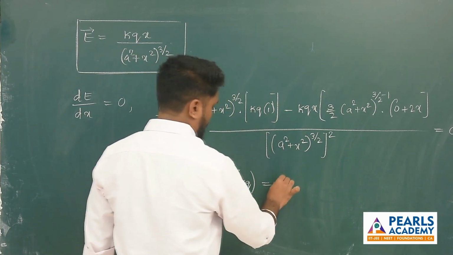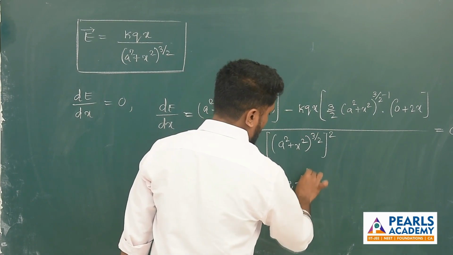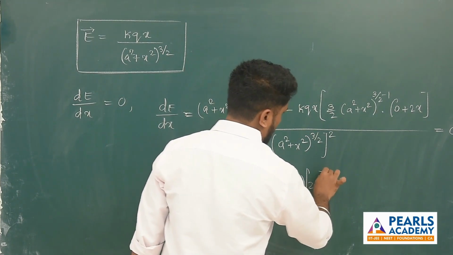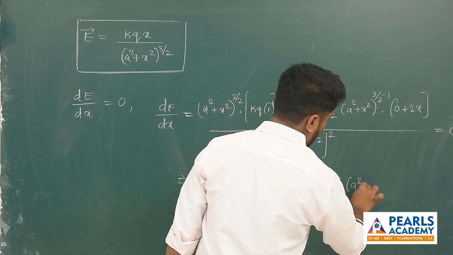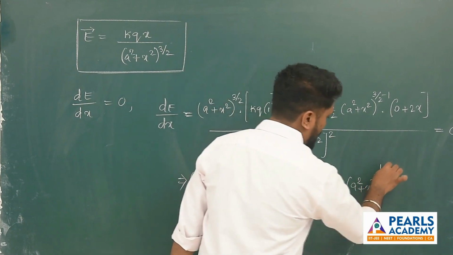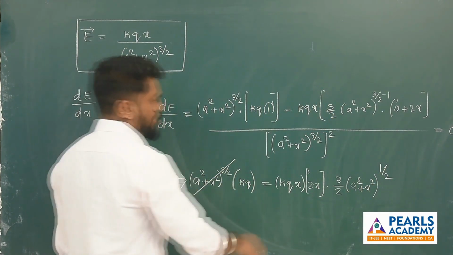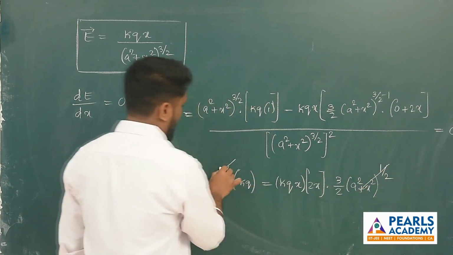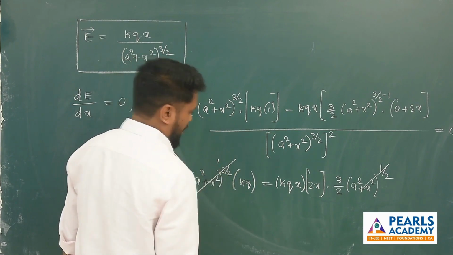So finally we can write (a square plus x square) whole power 3 by 2 into kq equals kq into x into 2x into 3 by 2 into (a square plus x square) whole power 3 by 2 minus 1, which is 1 by 2. So we can cancel this part and this part. Here 3 by 2 is the power, so when 1 by 2 is removed, one part is left.